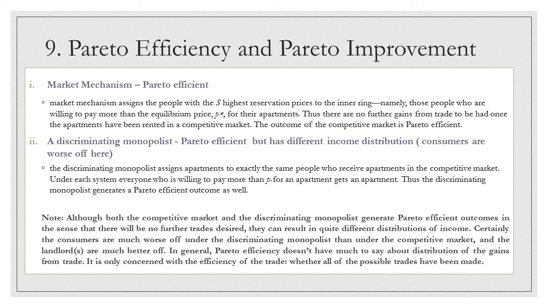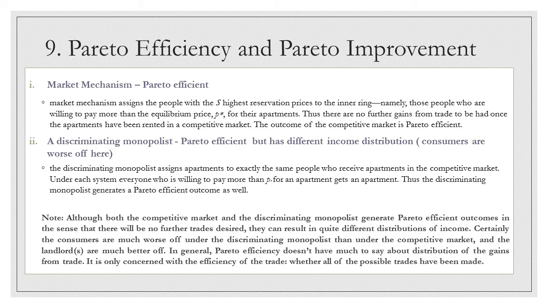In the case of the discriminating monopolist, the apartments are being assigned to exactly the same people who receive apartments in the competitive market. Under each system, everyone who was willing to pay more than the price P for an apartment got an apartment. So the discriminating monopolist generates a Pareto efficient outcome as well.